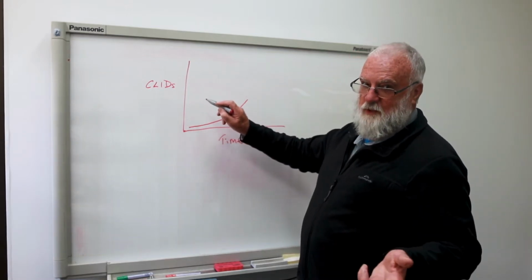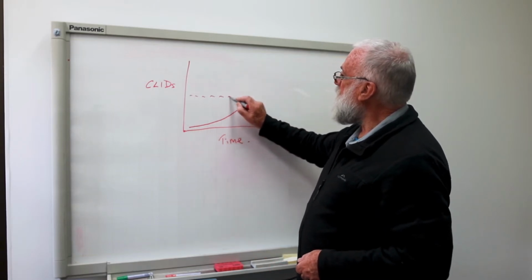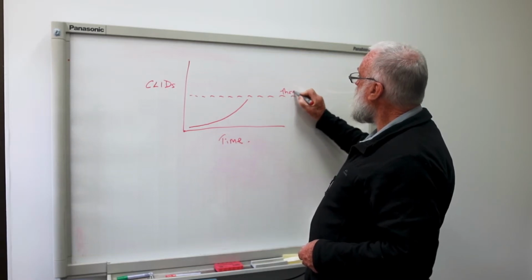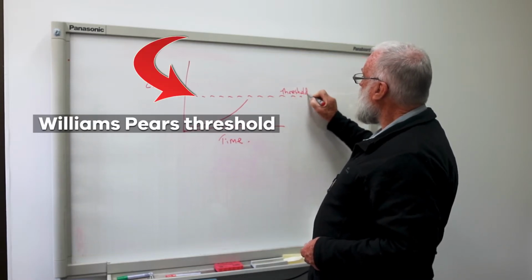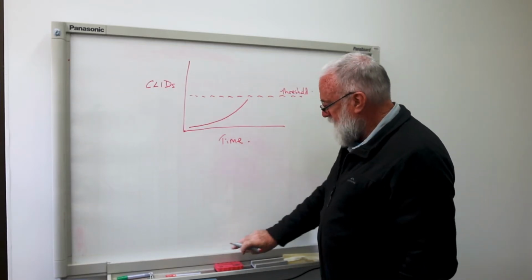And there's a threshold that we know for the different species. So let's say we're talking Williams pears, we might have a line through here. So that's your threshold, and you don't want to go above that for the season.